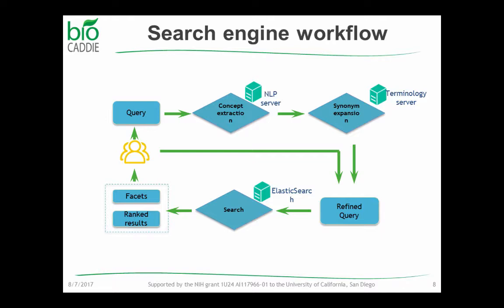Then we refine the query, send it to the Elasticsearch engine, and it finds the ranked relevant results. We also show different facets. I think a lot of you already know the customized facets that are returned by DataMed. And the user can refine by clicking different facets or looking into the data sets, then refine the query, actually redo the search again.